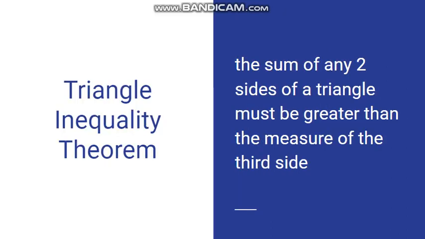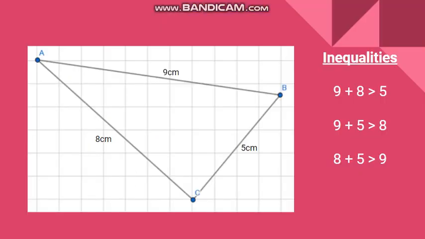So the best way I can think to put it is that the sum of any two sides of a triangle must be greater than the measure of the third side. You can see if we add two sides together, they're bigger than the third side.